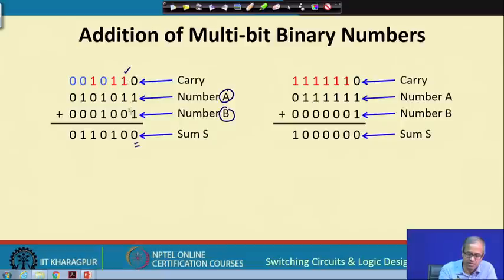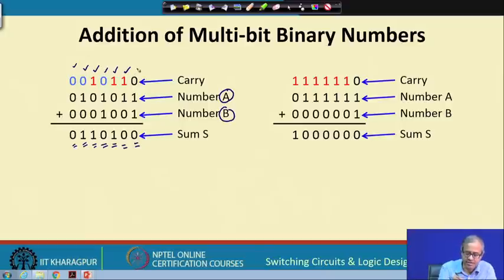Then I am adding all these numbers with carry 1, 1 and 0, sum is 0 again with a carry of 1. 1, 0, 0, sum is 1, but no carry. 0, 1, 1 is 0 with a carry. 1, 0, 0 is 1 with no carry. 0, 1, 0 is 1 with no carry. 0, 0, 0 is 0.